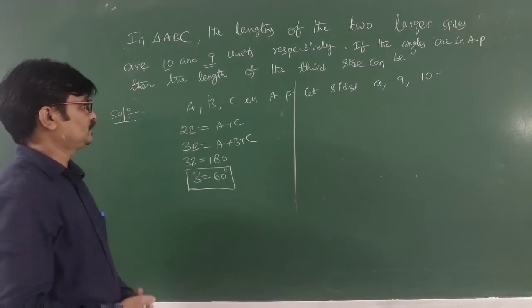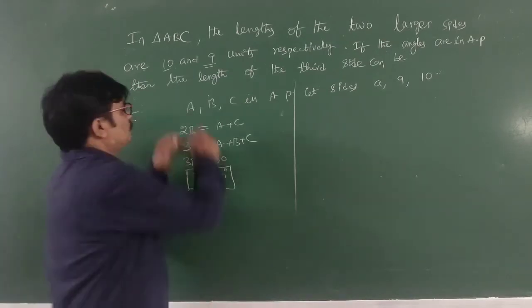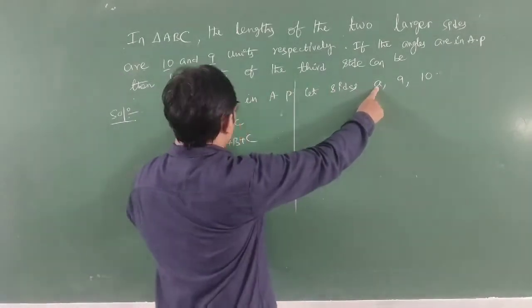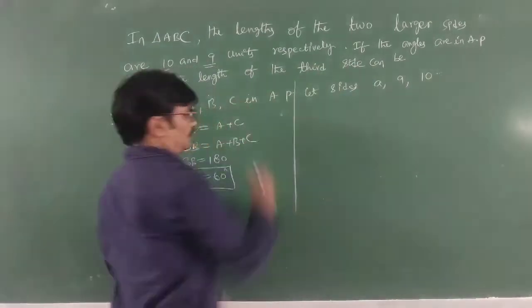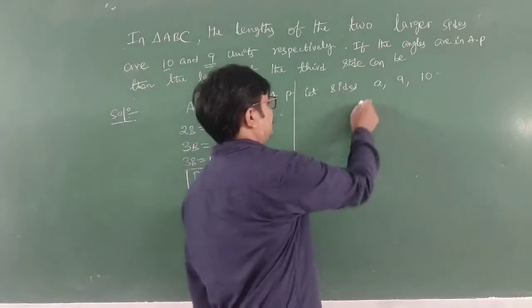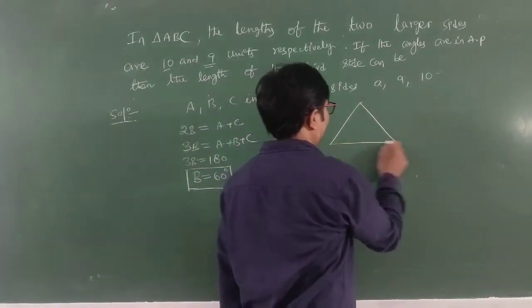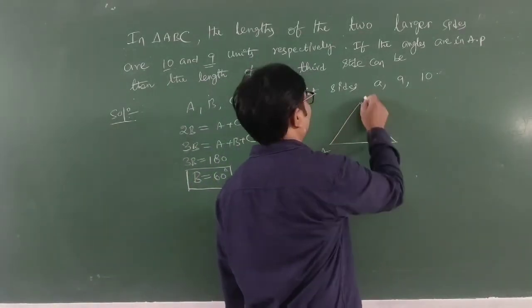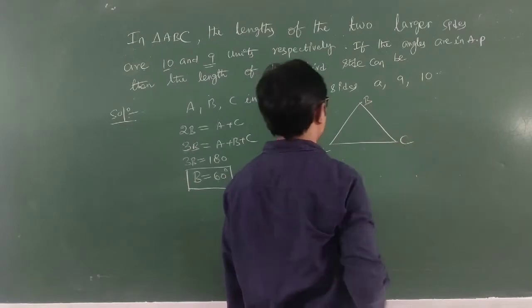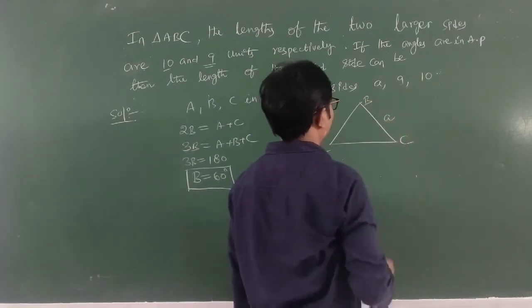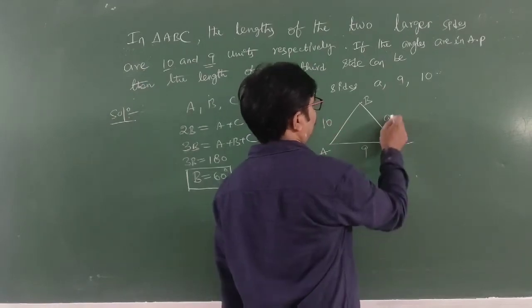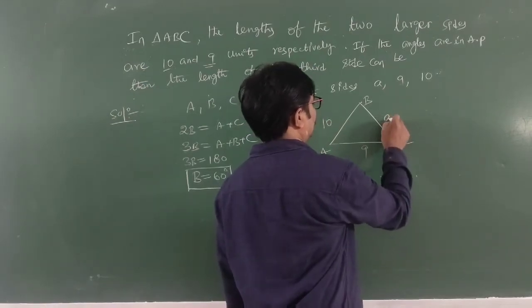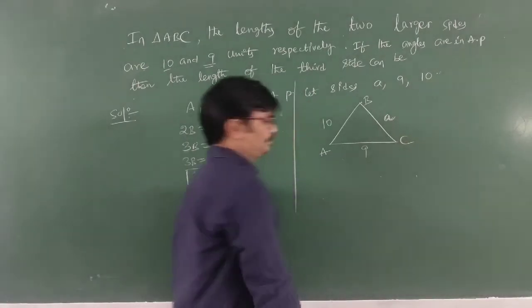We have to know that the small a is opposite to the capital A, 9 is opposite to B and 10 is opposite to C. So this is small a, this is 9, this is 10. What we observed here is that the least side is small a.